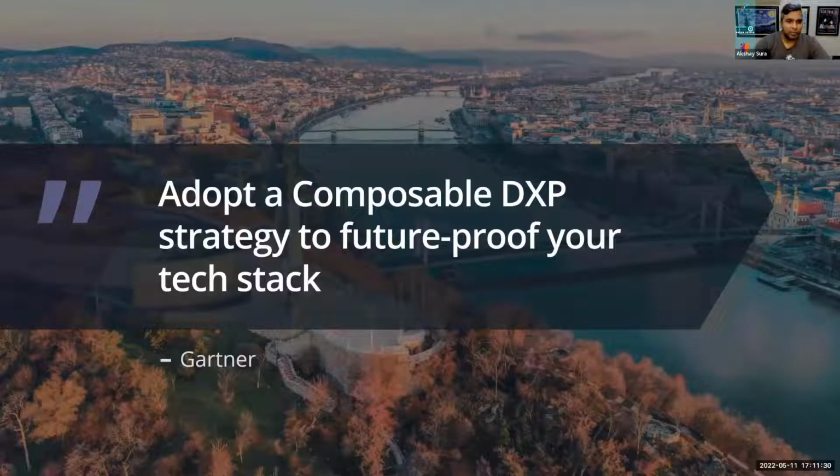Yeah, so the biggest thing here is that the whole composable DXP thing started a few years ago, and moving towards a more composable DXP architecture may be the best way forward depending on your situation. One, it lets you pick the best of breed of things you don't already have.